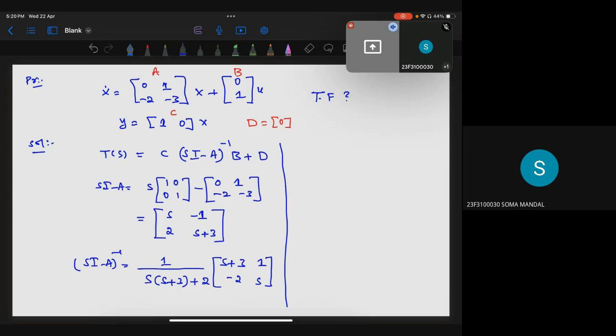Then T of s will be C multiplied by this, where C is [1, 0].